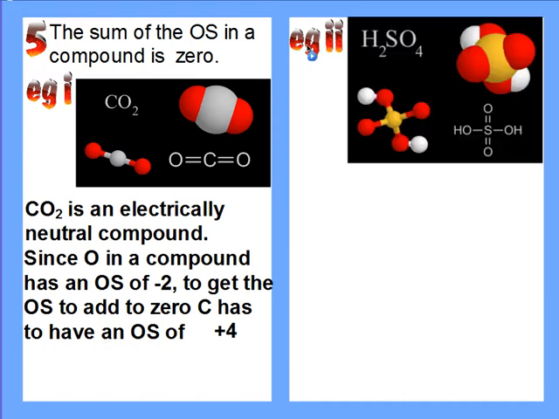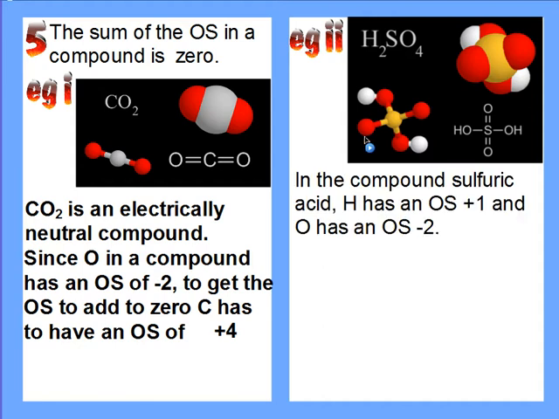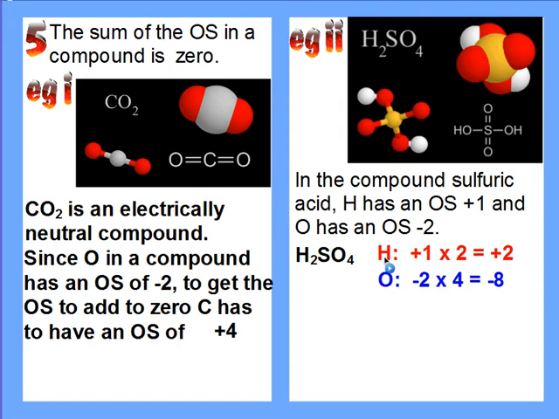Another example, H2SO4. In this situation, remember we had 2 hydrogens and 4 oxygens, and each oxygen has an oxidation state of -2. We have 2 hydrogens, and each hydrogen has an oxidation state of +1.